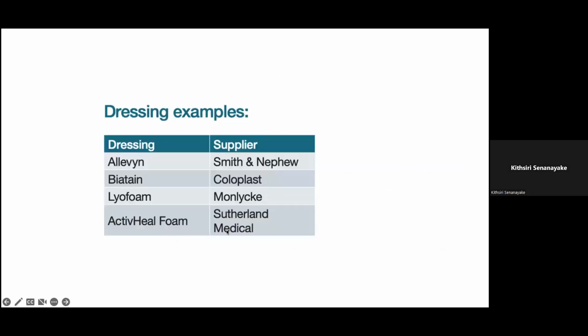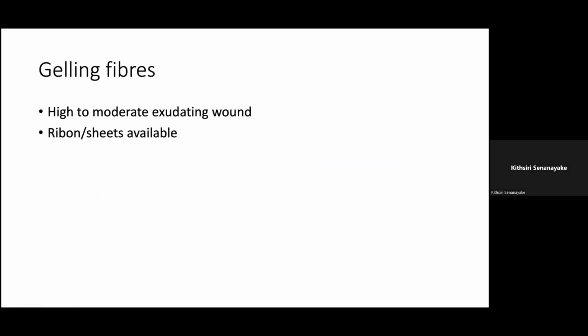I have mentioned a few commercial preparations here. And there are also gelling fibers to absorb the exudate. There are ribbons and sheets available. One, I think available here, is called Durafiber.